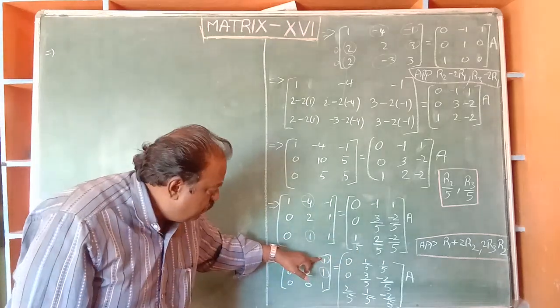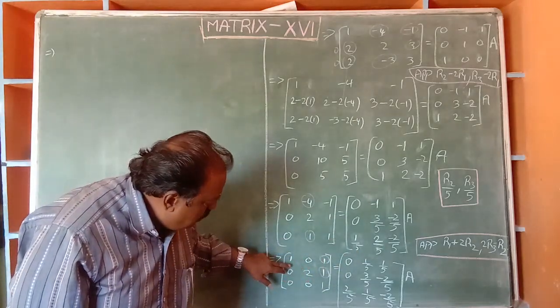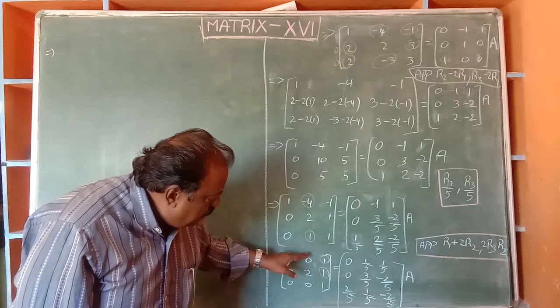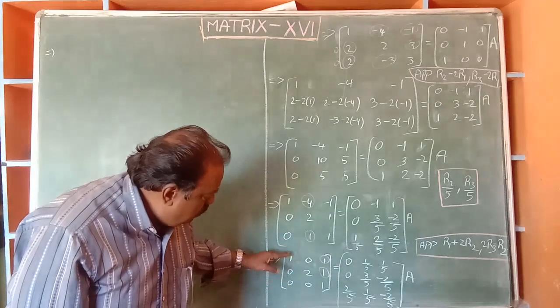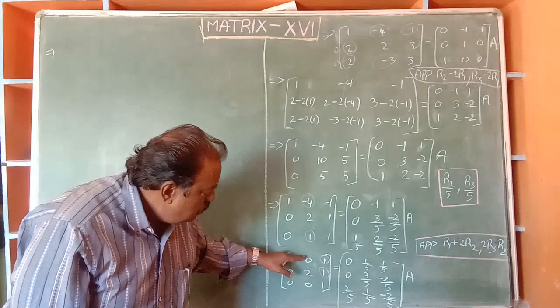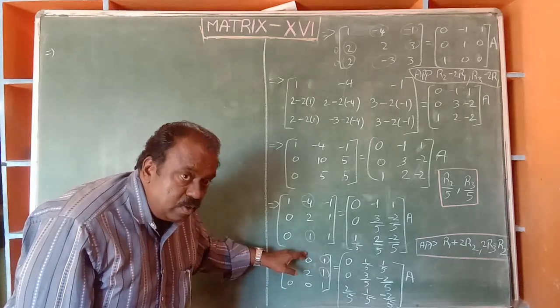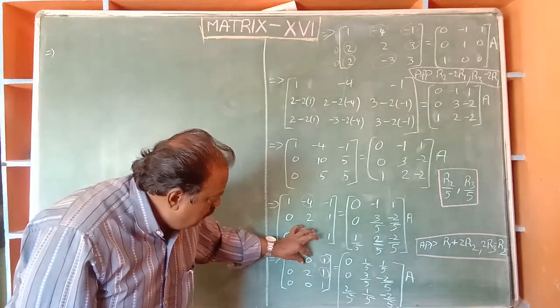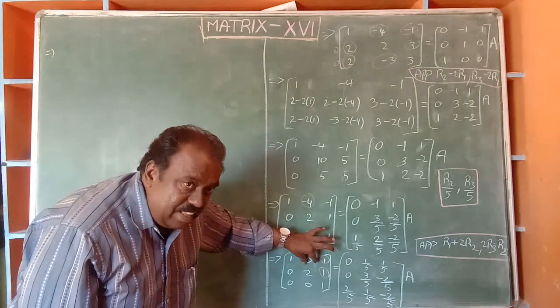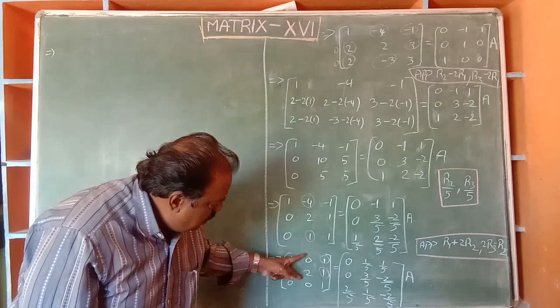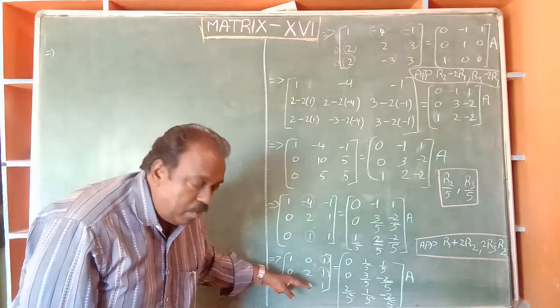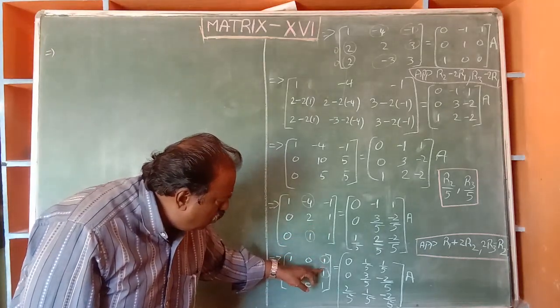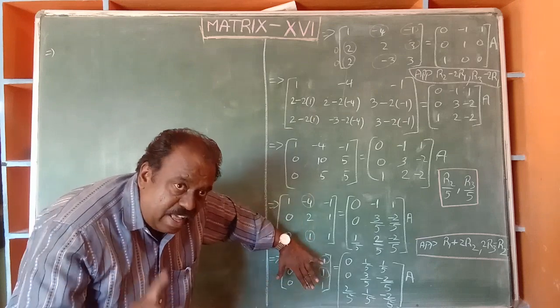But you see, here 0 minus 2 will come. 1 minus 0 is 1, 0 minus 2, here minus 2 will take place. So this changes it unnecessarily. Here we have 0 and 0 in the second column, only zeros here. The remaining as it is.